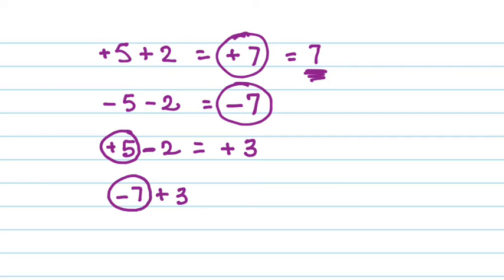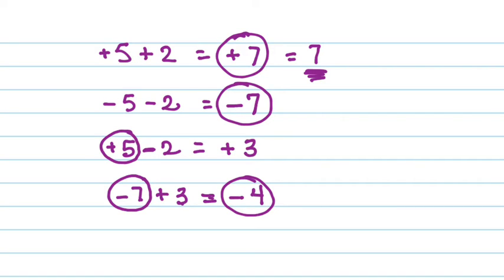So here's the larger one. And what sign is it? Negative. So that means my answer is also going to be a negative. And then I simply take the numbers and subtract them. What is 7 minus 3 going to give me? 4. And so my completed answer is -4. And if you already write the sign down, then it's there waiting for you. You don't have to worry about it anymore.